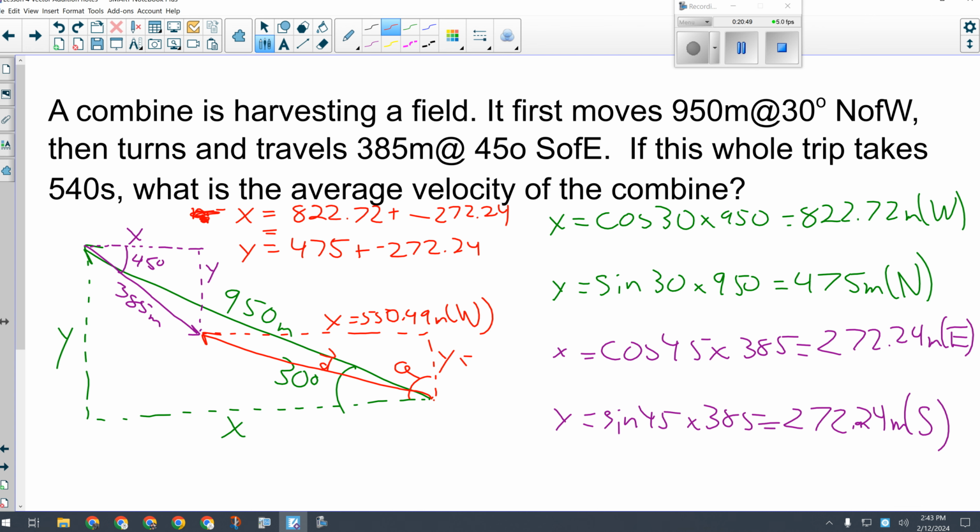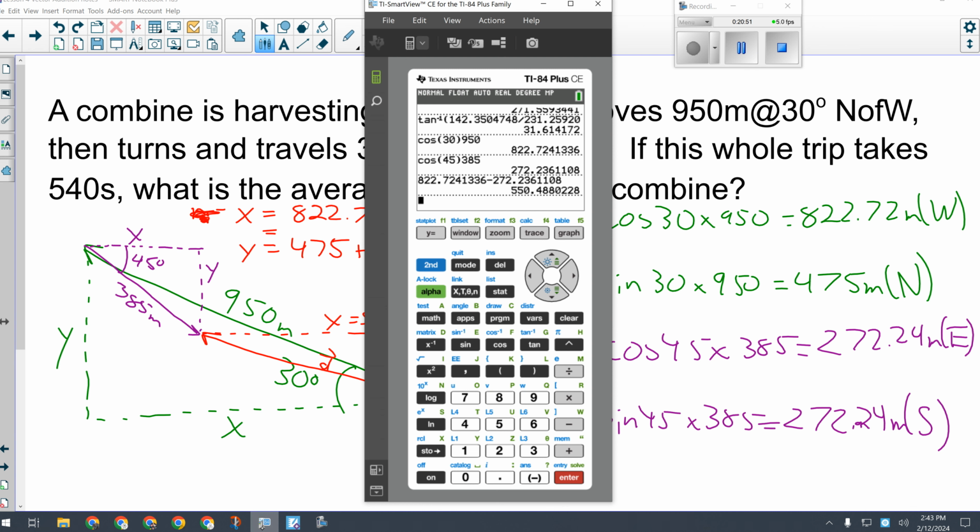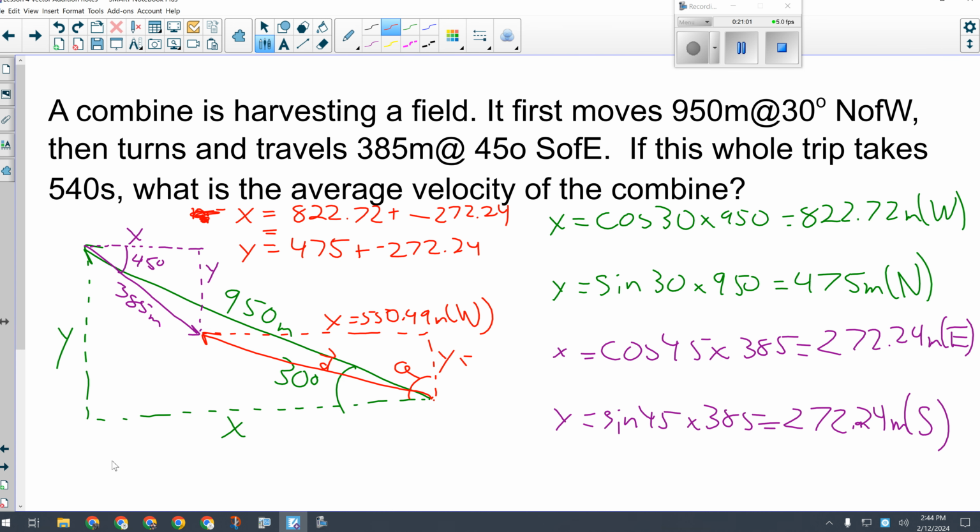That's going to make red y 202.76 meters, and that is going to be north. Everybody all right with that?